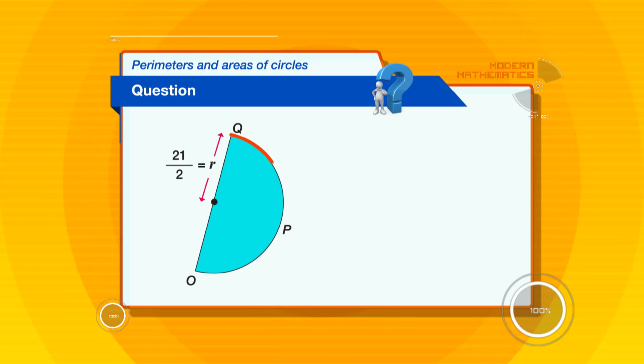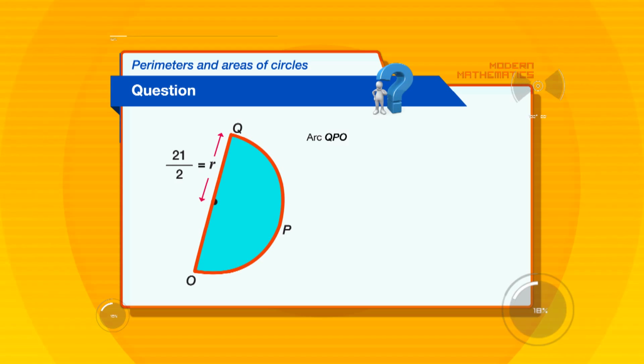Now, to find the length of arc QPO, we have to be certain that it is not centered at O, but rather it is centered at T. To find arc QPO, there are two ways that you can do this. The first way is to follow the formula. The angle subtended by the arc is 180 degrees and the radius of the arc is 21 over 2 centimeters, because the length of OQ is 21 centimeters, therefore the radius of this semicircle is 21 over 2 centimeters.